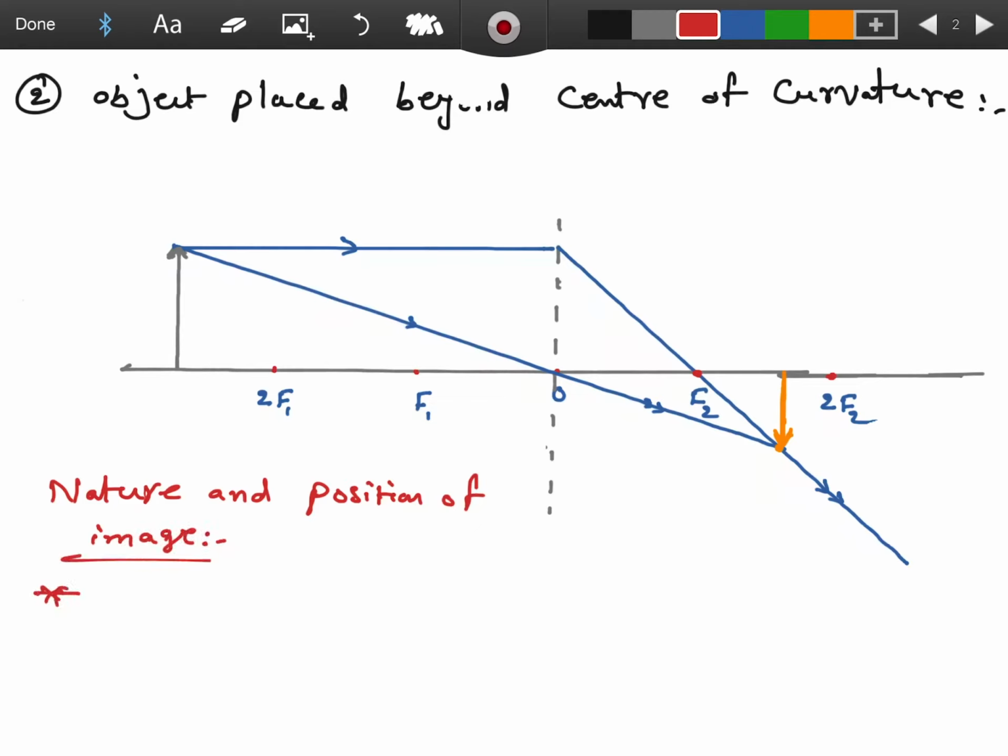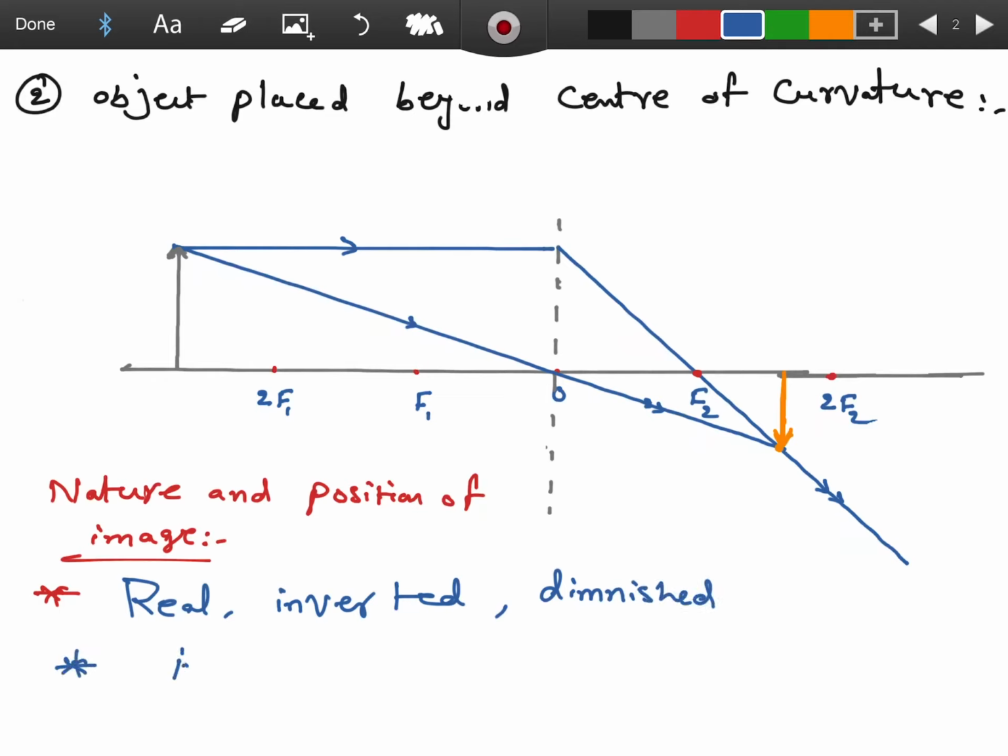Nature will be real, inverted, size is diminished, position of the image: image forms between focus and center of curvature.